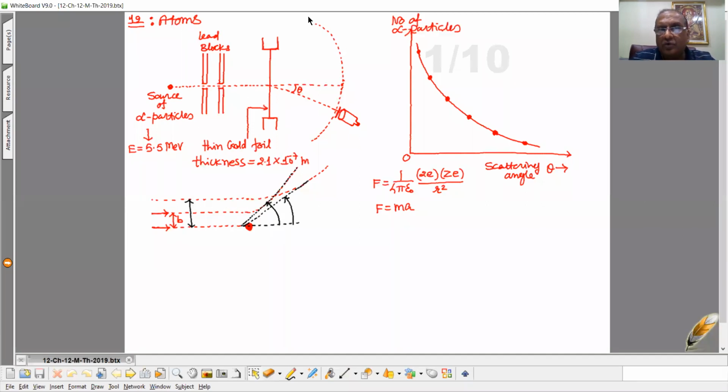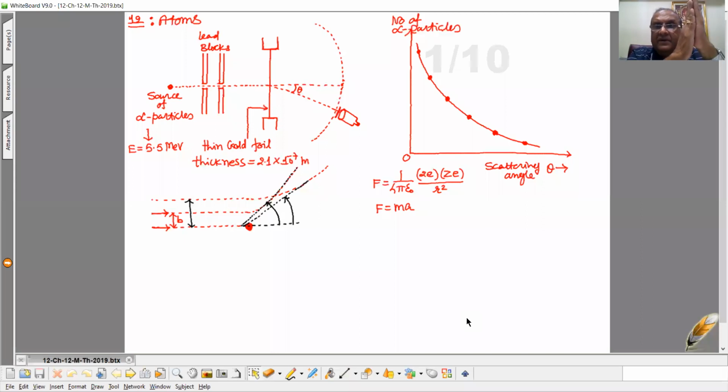Clear to all of you? So here now we can understand this thing. The atom is, or we can say the size of atom, that is 10,000 to 1 lakh time more than that of the size of nucleus. Clear?